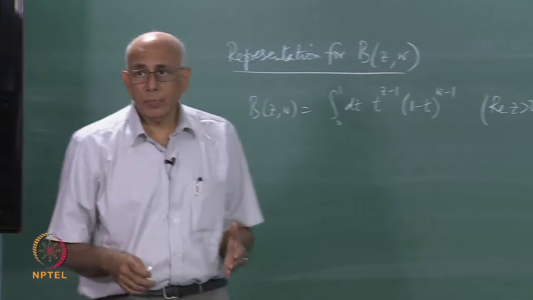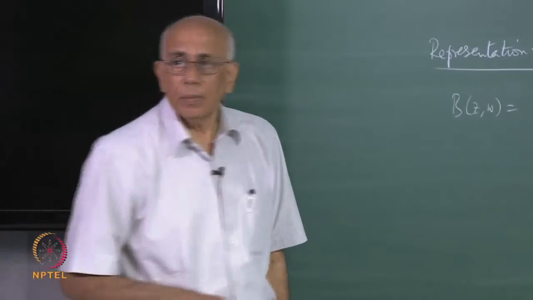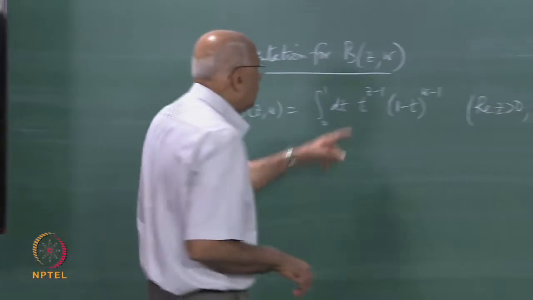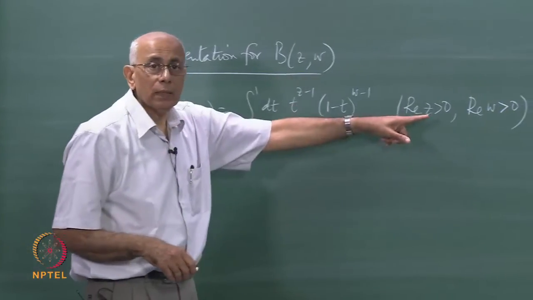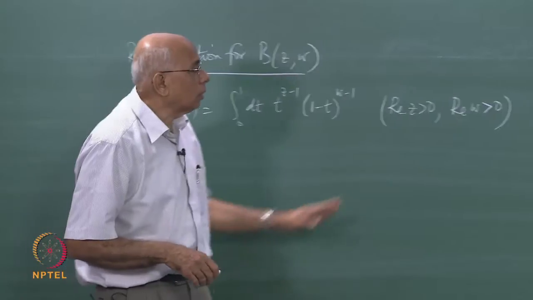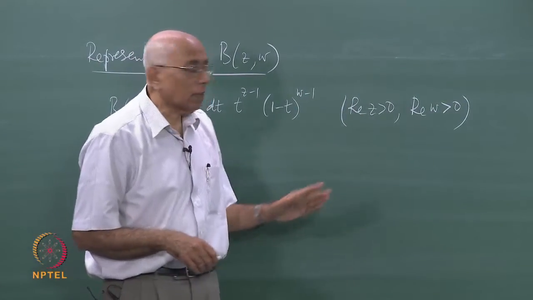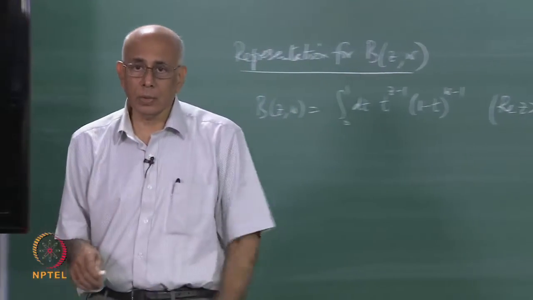In this case, integrating by parts on either of these factors did not work, because if you do that, then while you may improve the convergence in z by taking it to the left to real z greater than minus 1, you will worsen the convergence as far as w is concerned and make it real w greater than 1, and so on.